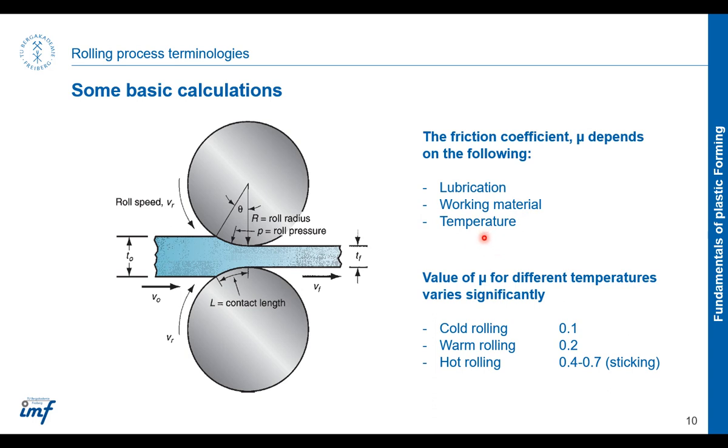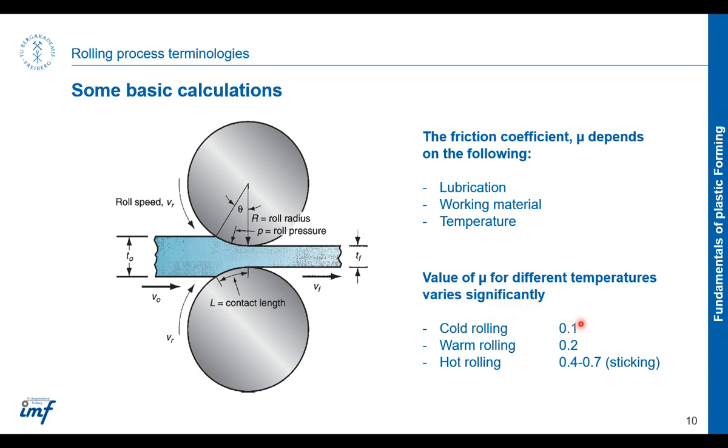For example, if we are keeping the material fixed, so let's say we always want to roll steel, and we are keeping the lubrication condition fixed, so let's say we are using water to keep our rolls cooled, or some coolant lubricant to keep our rollers cool and keep the process smooth, then temperature is the only thing which would be controlling our friction coefficient. And the values of friction coefficient for different temperatures vary significantly.